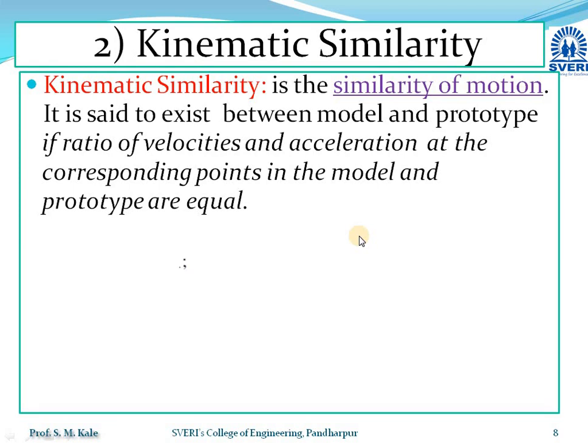So if I take the ratio of various values of velocities in the prototype and in the model at the corresponding points, and I get the same ratio, called the velocity ratio, then I am going to say that kinematic similarity exists between model and prototype.